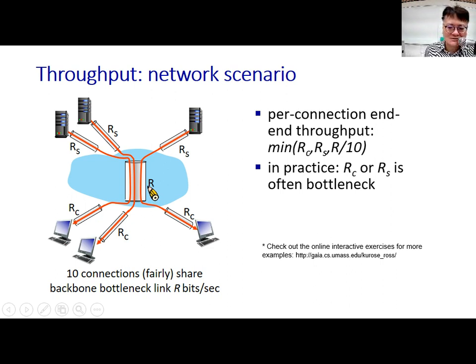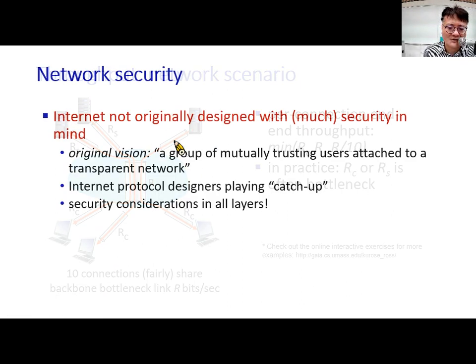In practice, Rc or Rs is often the bottleneck, because we can design a big R in the backbone. So when the server Rs downloads the file to the client Rc, Rc or Rs very often becomes the bottleneck.